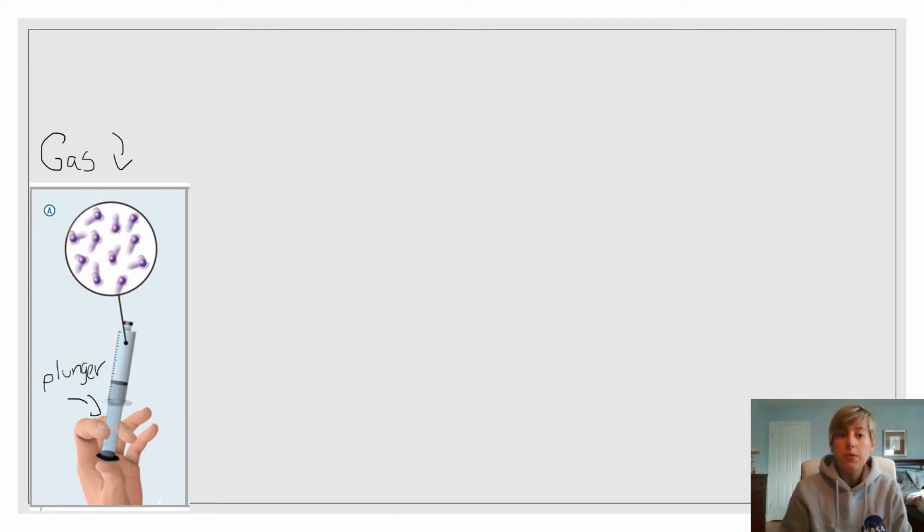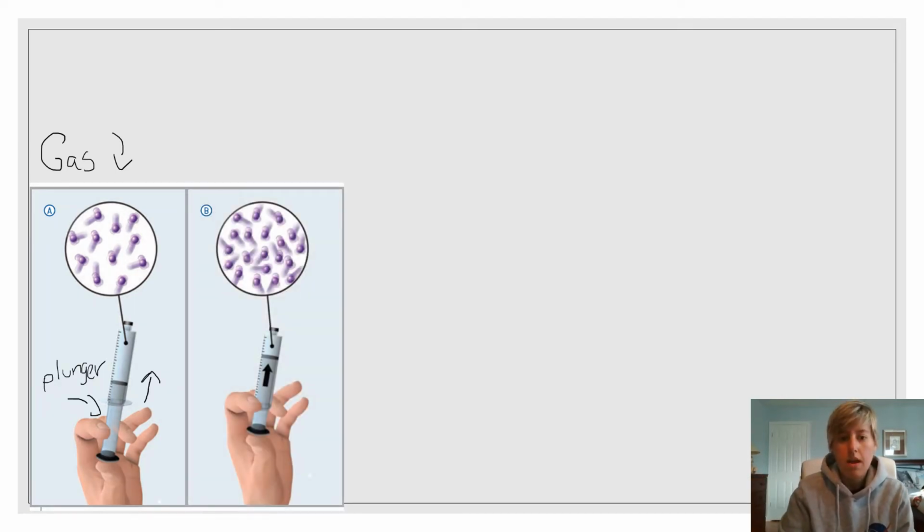What's really important about gases is that if I push my plunger in through the syringe, and the end of the syringe is capped so that nothing escapes, then because there are no bonds in between my gas molecules, if I reduce my volume, which is what's happening here by pushing in the plunger, my gas molecules will come closer together. And I can see the difference between picture 1 and picture 2.